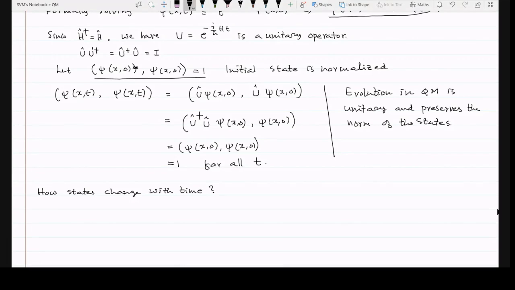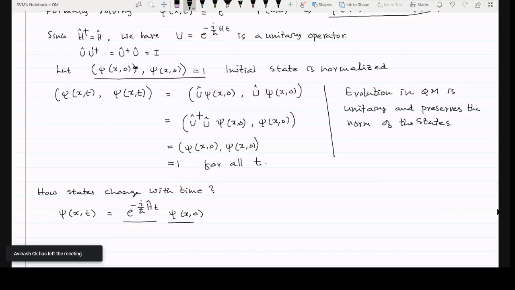Okay, so we can ask this question. Of course, we have written down formally here. The answer is that if you have psi of x comma t, then it is unitarily transformed from its initial state, e to the power minus i by h cross into H t acting on psi of x comma 0. So this is a formal statement. Unless I tell you what is the action of this operator on this state, this makes no sense, because it is just a formula.